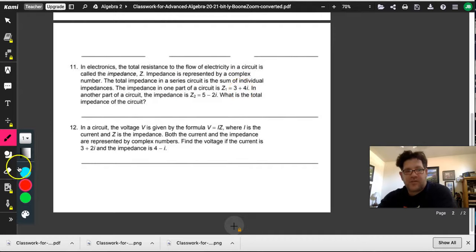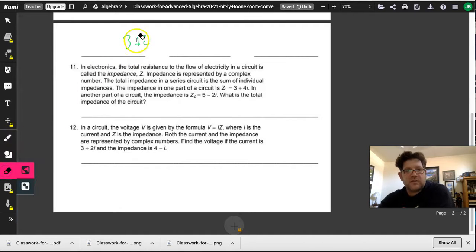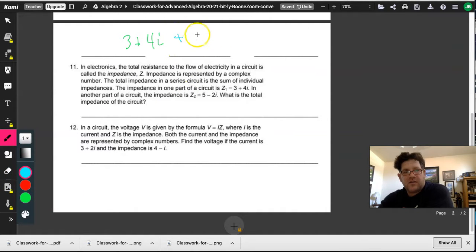So I have 3 plus 4i, and then we are adding the other section, 5 minus 2i.